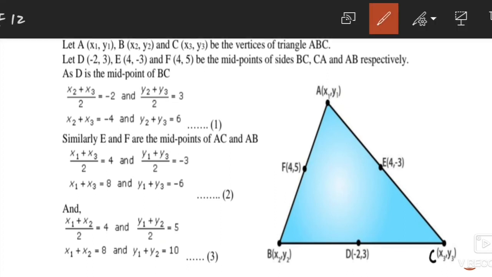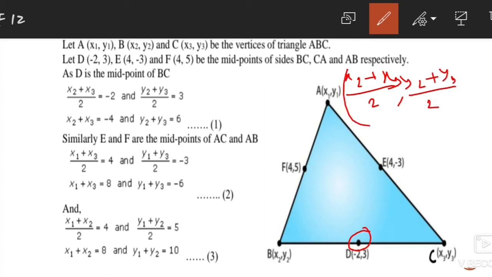As you can see, D is the midpoint of this BC line segment. Now if you use the midpoint section formula on the BC line, you can say that (x2 plus x3 by 2, y2 plus y3 by 2) will be the coordinate of the midpoint.